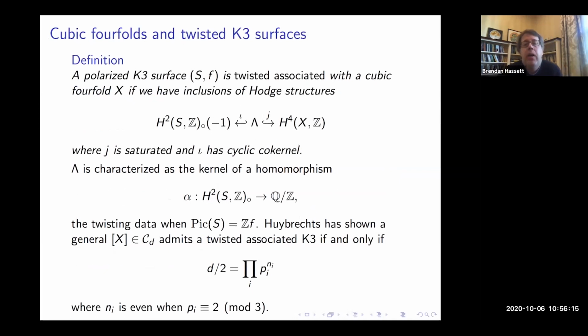There are other, weaker identifications between K3 surfaces and cubic fourfolds. Here you could have a situation where you have lattices that are embedded in a saturated way in the cohomology of the cubic fourfold, but the embedding into the cohomology of the K3 surface is not saturated, but has a cyclic cokernel.